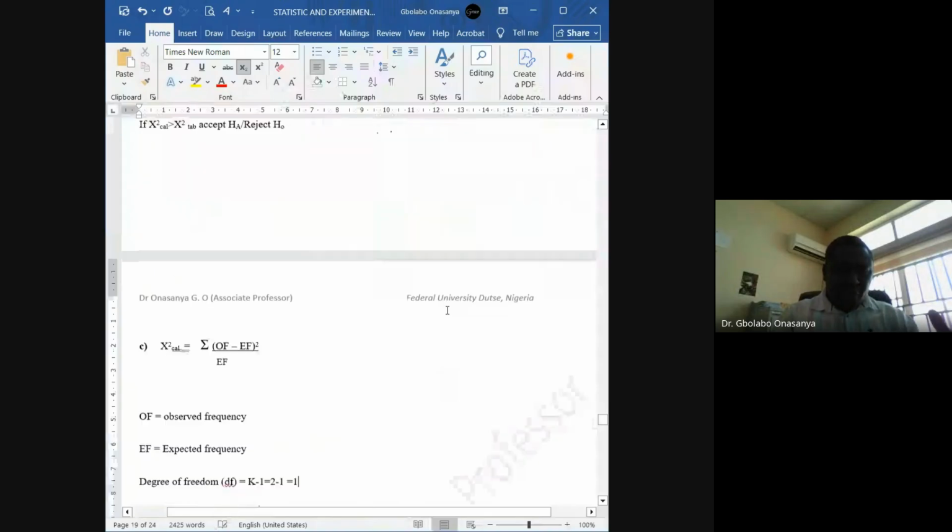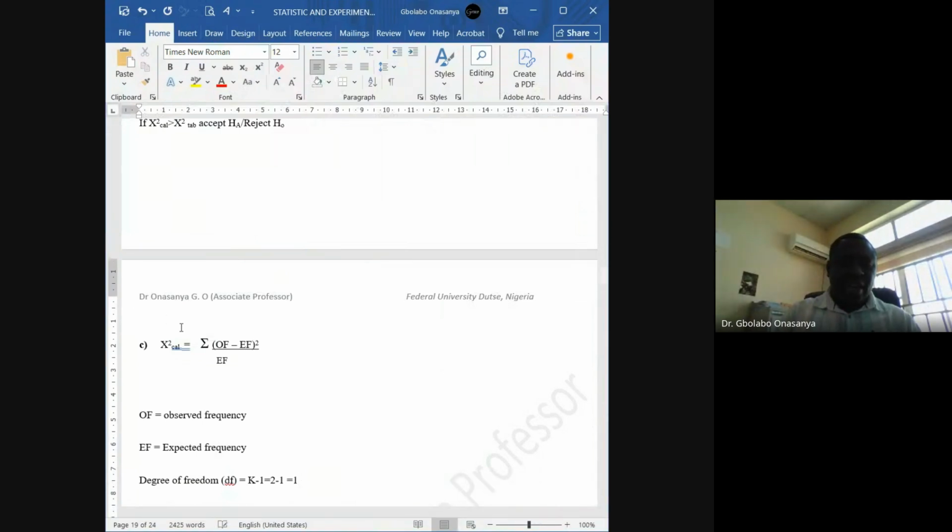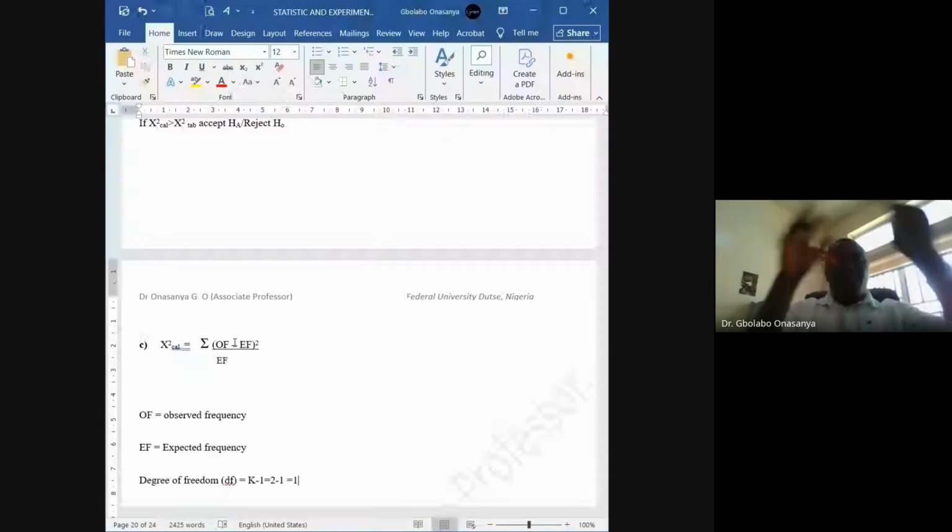Now, I've spoken to decision rule. Now to calculate our chi-square. You can see from the slide I'm sharing, chi-square is summation of observed frequency minus expected frequency raised to power 2 over expected frequency. OF minus EF, in bracket, raised to power 2 over EF.